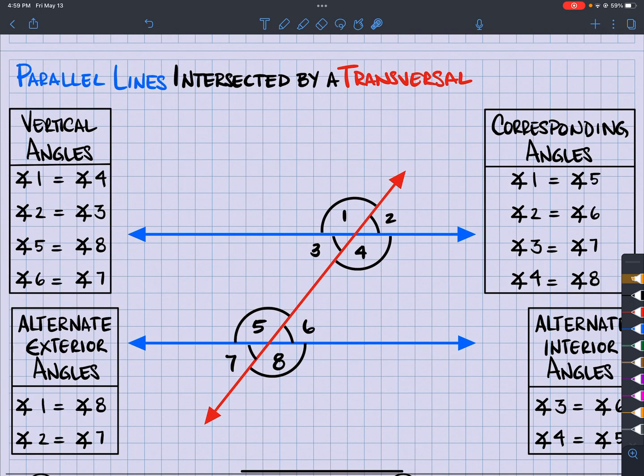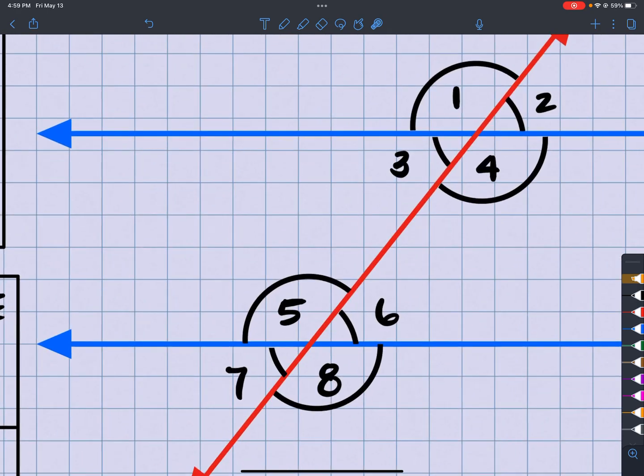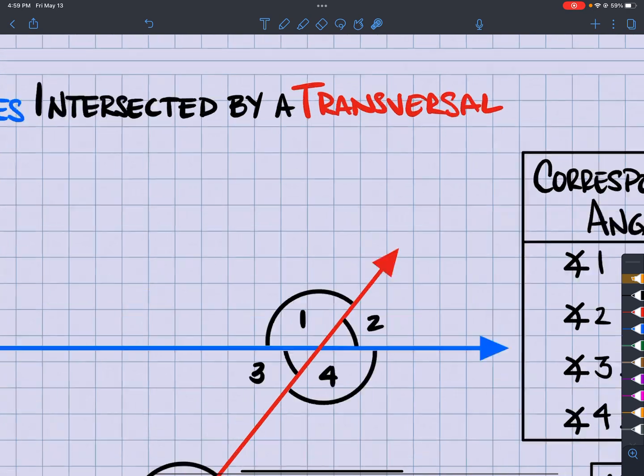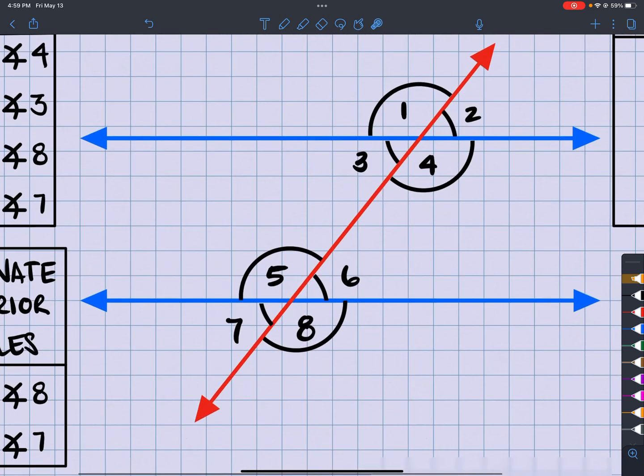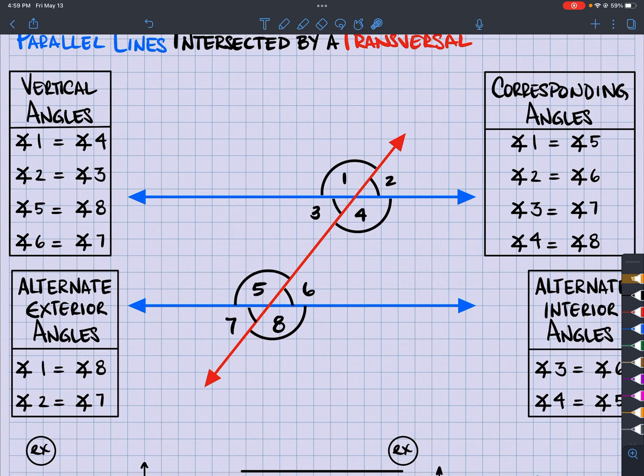Now, there are always these parallel lines intersected by a transversal. I know it's very confusing which one is the transversal and which ones are the parallel lines, so I marked it down. The parallel lines are the blue lines here, and the transversal is in red. It creates a bunch of angles, in fact 8 of them, and notice how I marked them.